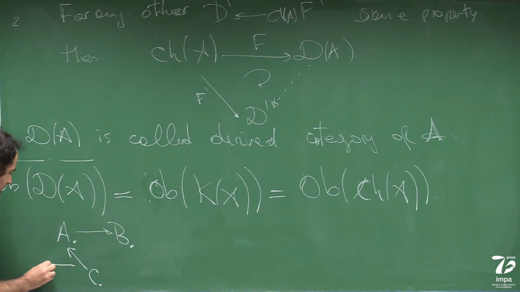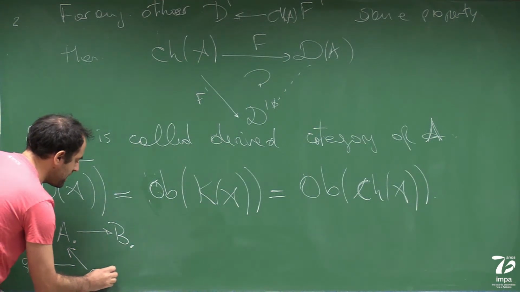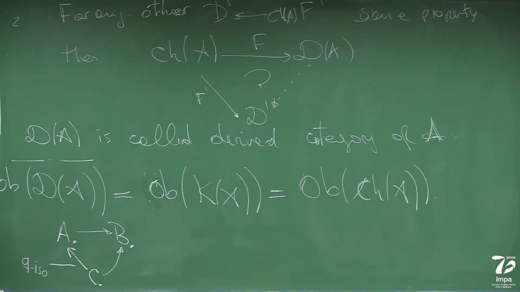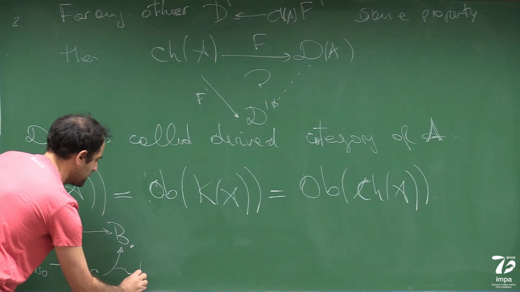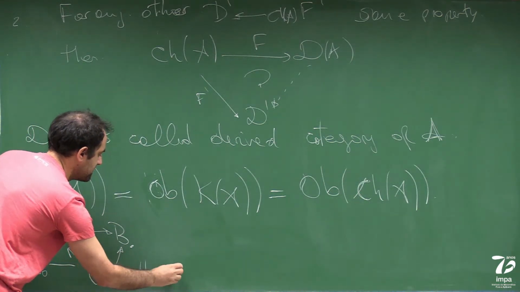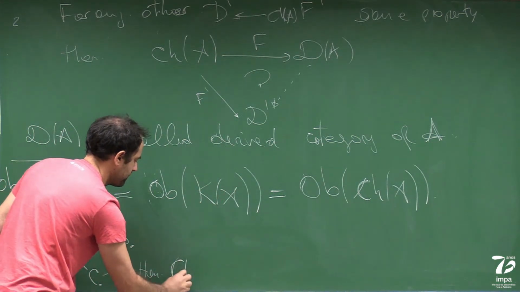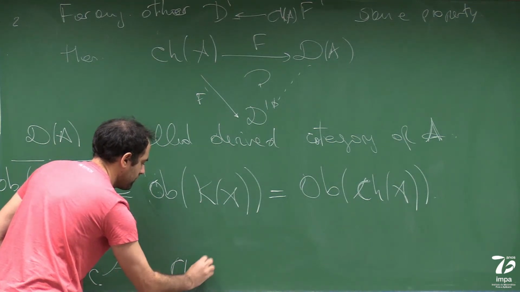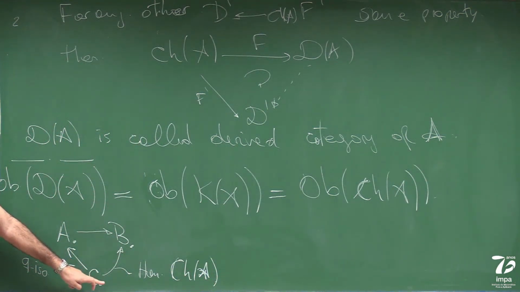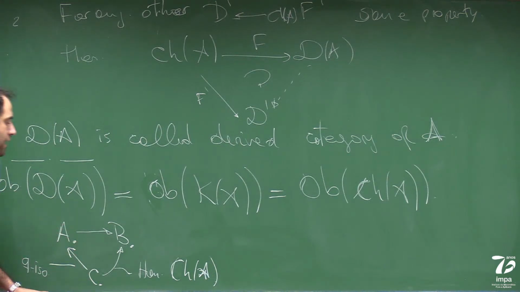So this guy here is a quasi-isomorphism. Then any morphism from C to B, a homomorphism in the category of cochain complexes, should induce a morphism from A to B in the category D of A.